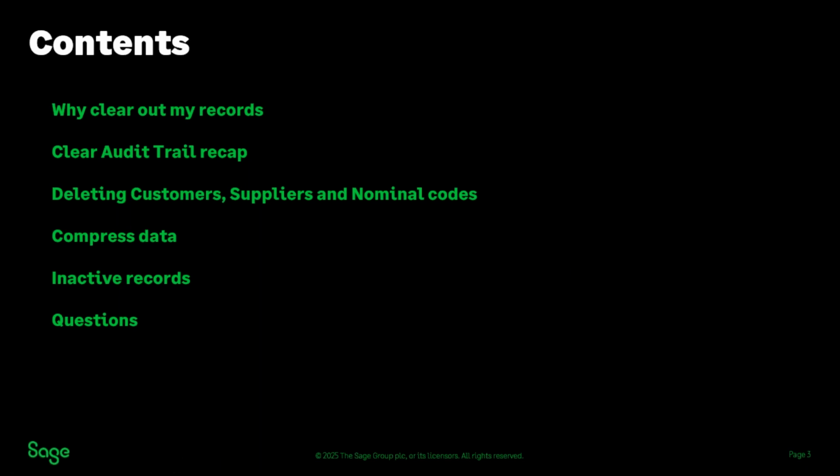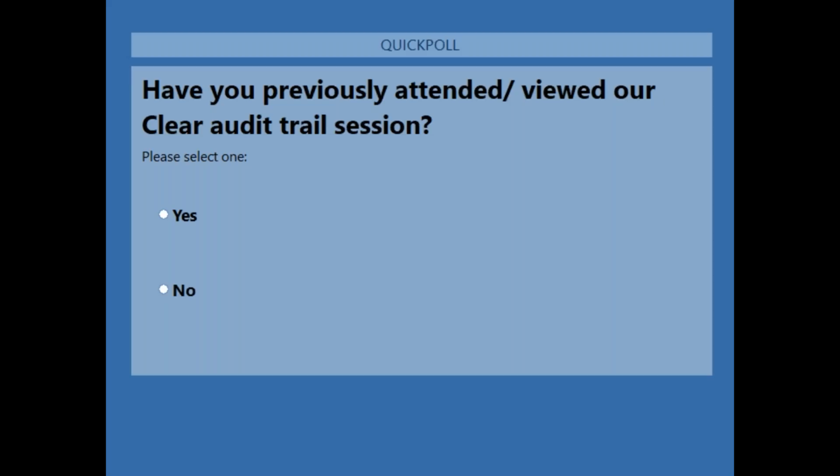And then finally, if we've got any final questions, we will round those up at the end for you. So just before we begin, I am going to launch a quick poll because I do just want to see how many of you have already attended our Clear Audit Trail session. We have run it this week. We did it just before Christmas and we have done it in the past. So it doesn't matter which session, just have you attended any of those sessions. It just gives us an idea of how many of you have that background knowledge about the Clear Audit Trail.